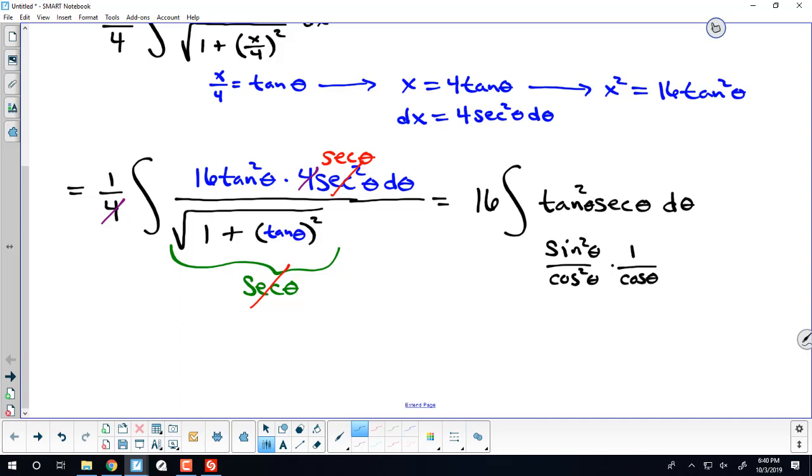So then that would give us sine squared cosine cubed on the bottom if we moved it up. So that's equivalent to what we have. Is this easier to integrate?